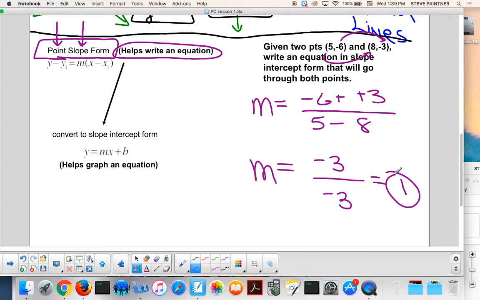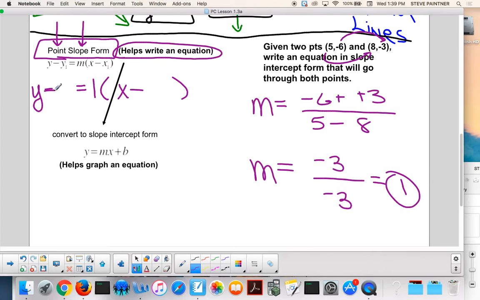Once you know the slope of your line and any point on your line, you can write the equation. Here you put what in for m? 1. Parentheses, parentheses. And anytime you write the equation to a line or a circle, you got to have an x and a y. Here's your x. Here's your y. And now you just subtract a point from each one.